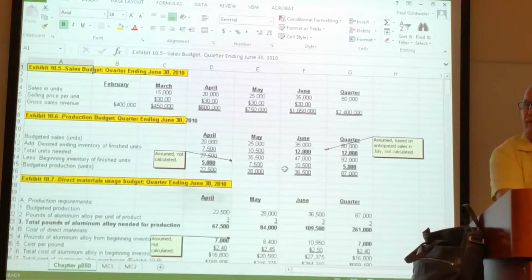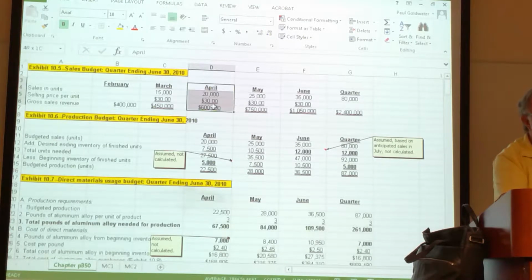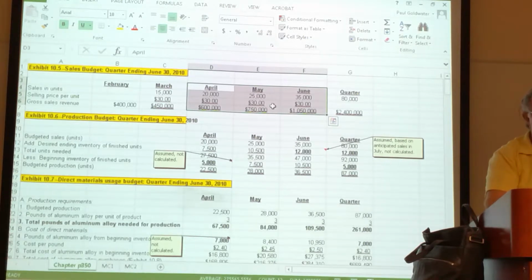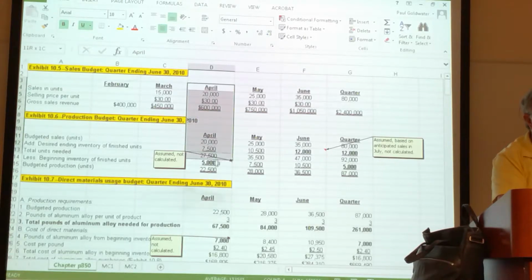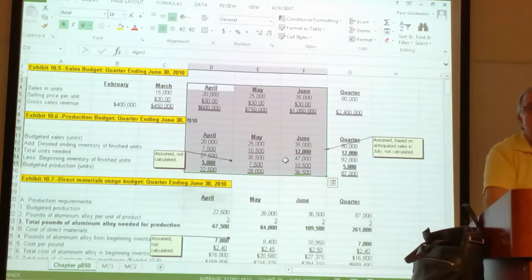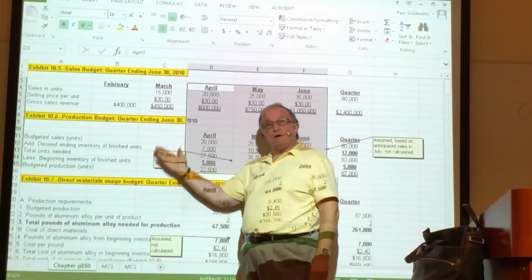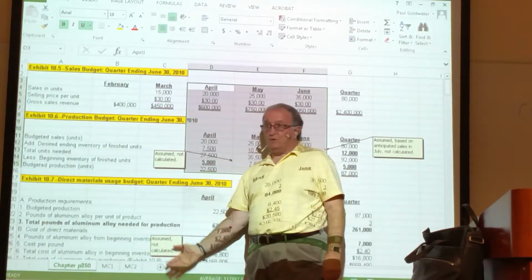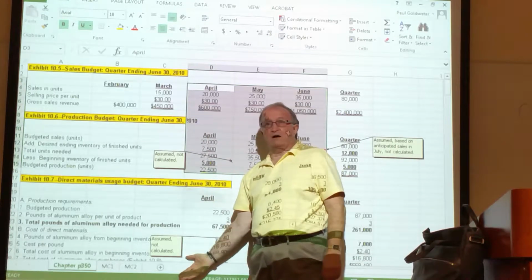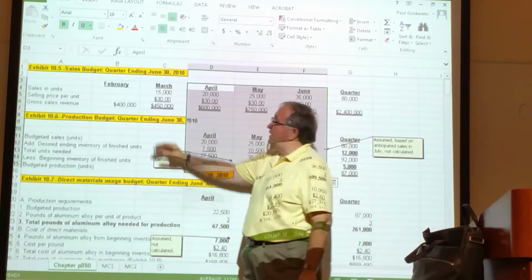Now, the budget. We need to talk about the time period for the budget. Well, this Excel file that I'm giving you is taken from the chapter. All of my files are taken from the material in the chapter.